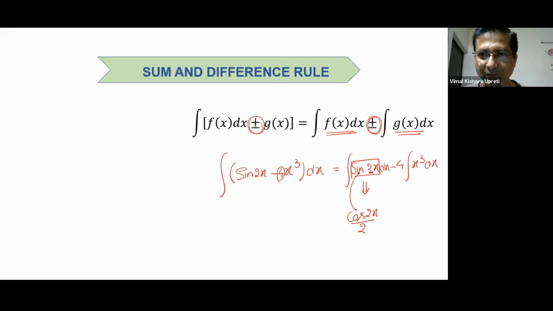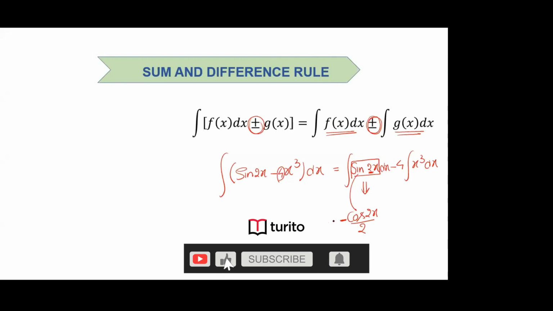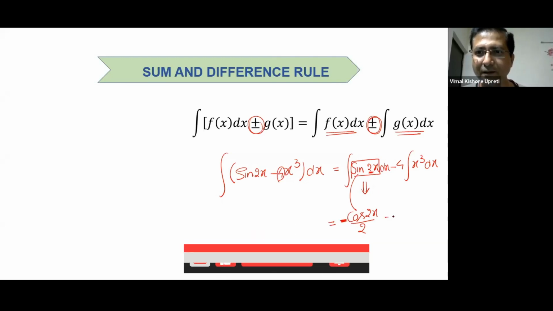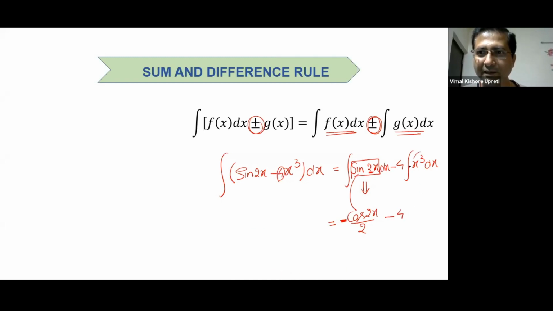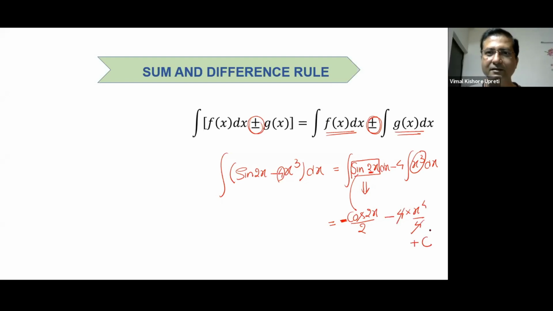Correct or not? Minus cos 2x, no sir. Very good. Minus. I already told you most of the time we will be making mistakes here. So minus cos 2x by 2 minus 4 times the integration of x to the power 4 by 4. 4 will get cancelled, plus an integration constant. Simplify. This is the answer. So this is the rule for sum and difference. I hope it is clear.